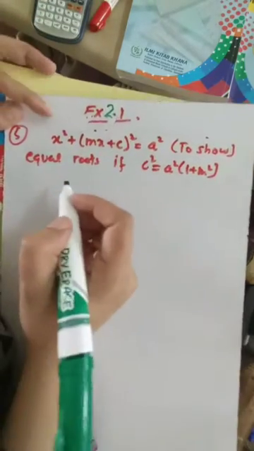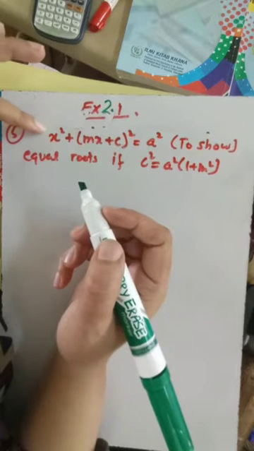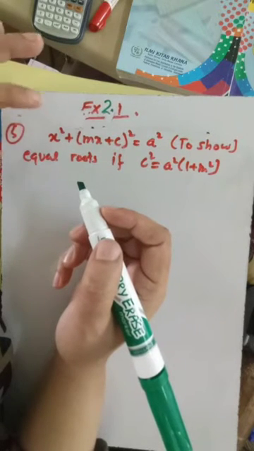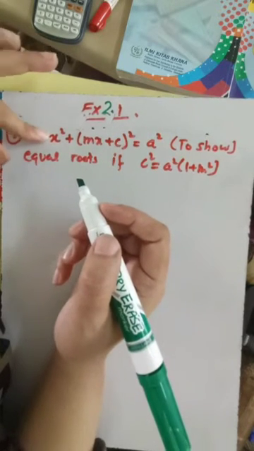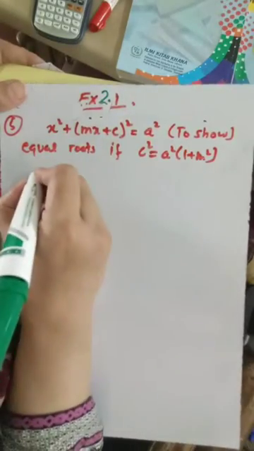Now we know that for this equation to have equal roots, the discriminant must be equal to 0. But first of all, we have to bring this expression into its standard form, so that we can calculate the discriminant.